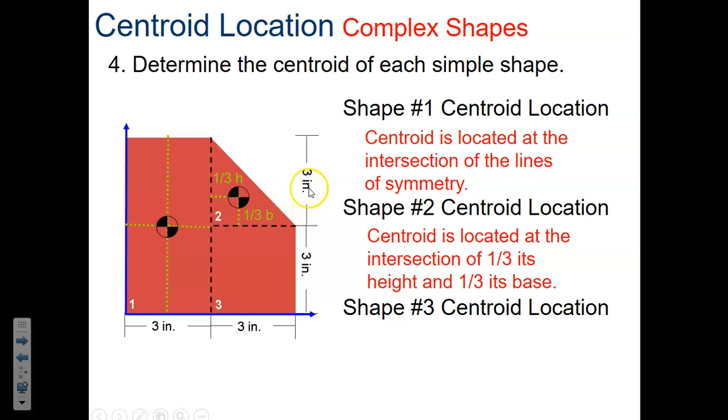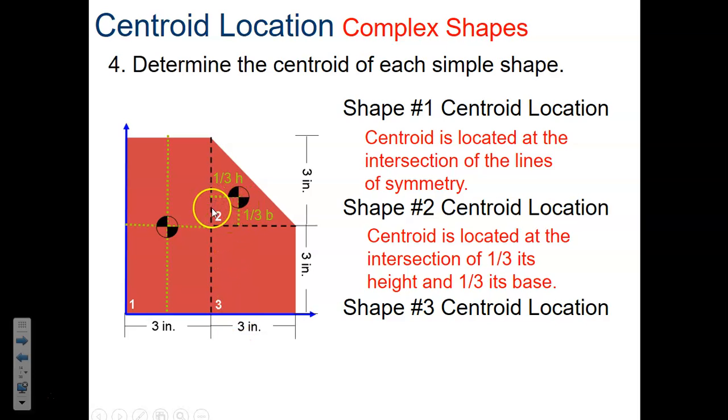Since this is 3 inches, it's 1 inch over. So finding the x centroid, it's 1 inch over from this shape, and this shape is 3 inches over. So my x centroid is 4 inches over.